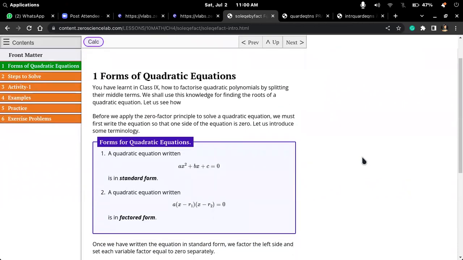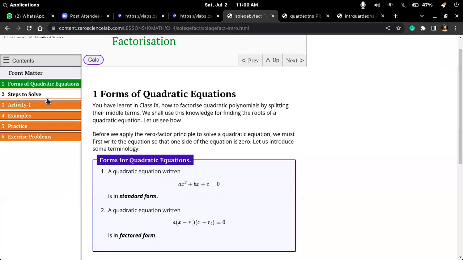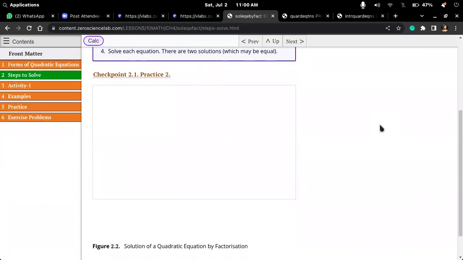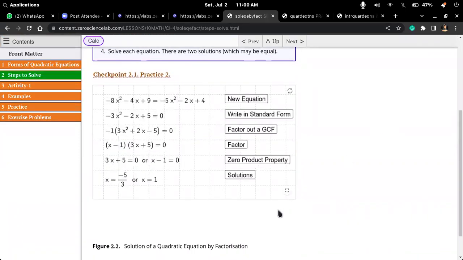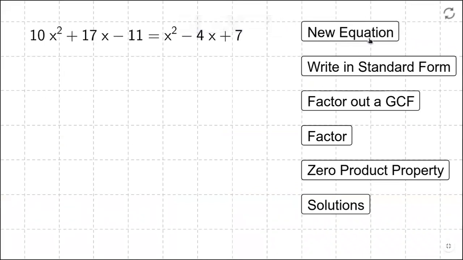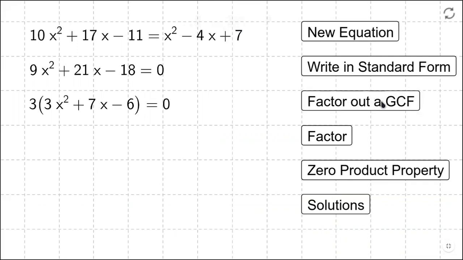So these are the different forms and the different steps of solving a quadratic equation. How do we do it? Select a new equation, convert it into standard form, and then these are the factors.